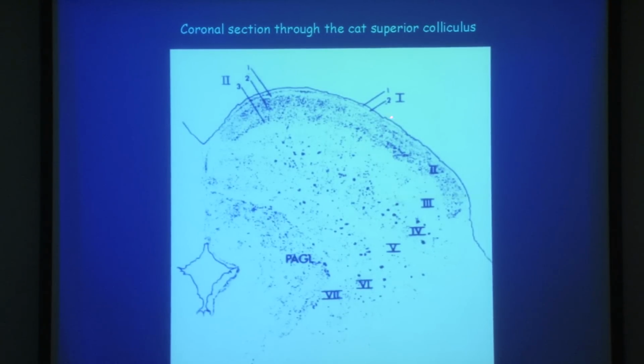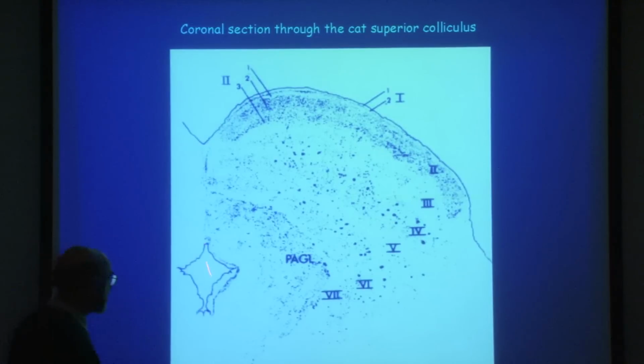There are 2 layers of that. The very top layer gets an input directly from the retina. The one a little further down, I'll elaborate on that in a minute, gets input from the visual cortex, and then we have a whole bunch of other layers that we are going to examine in some detail in just a minute.